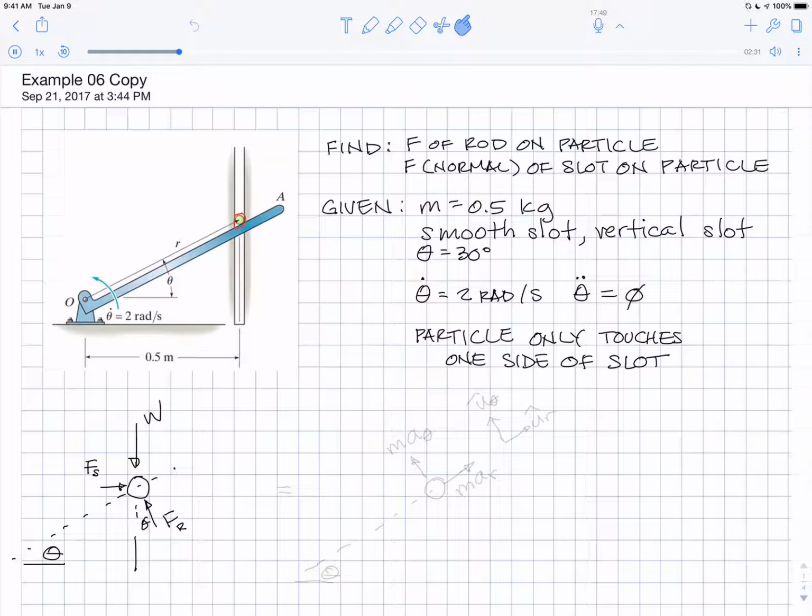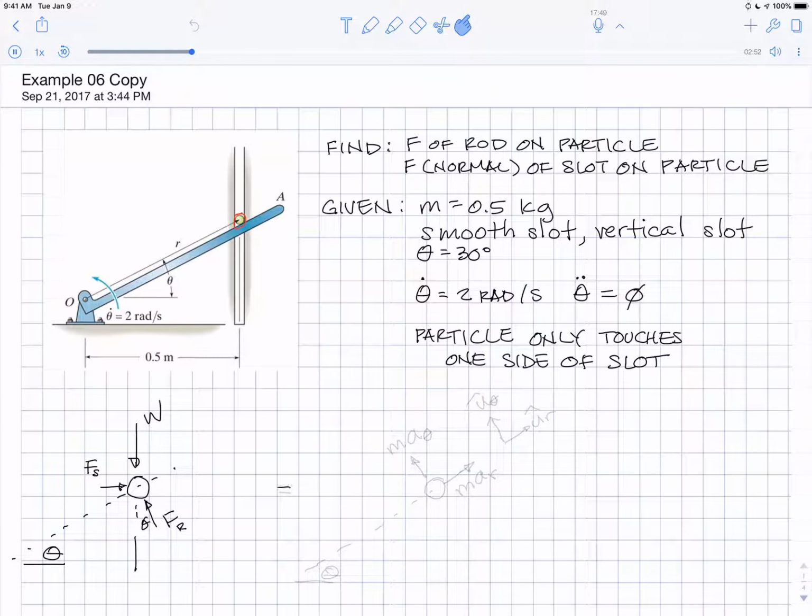We'd have to call one F slot left, F slot right, and that would just get too complicated. So we're going to say that the pin is touching the left side of the slot. If we get a negative for that force, that means the right side's touching. Okay, and so that is the free body diagram.